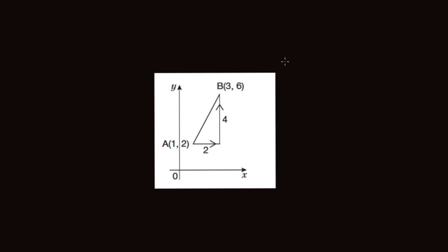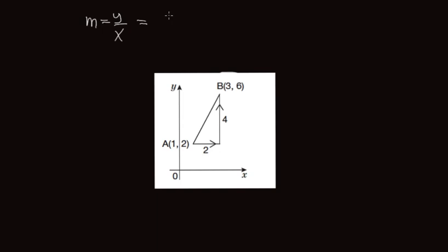Remember, the gradient is y over x. These are the coordinates. These are the two coordinates. There are 2 points connected to make the straight line.